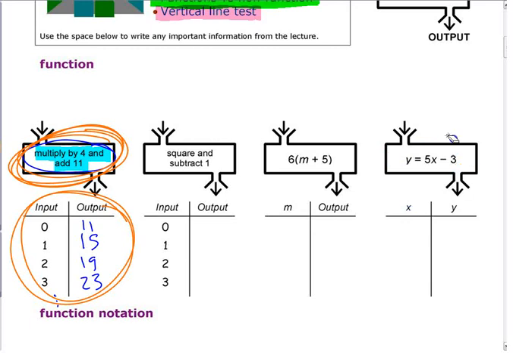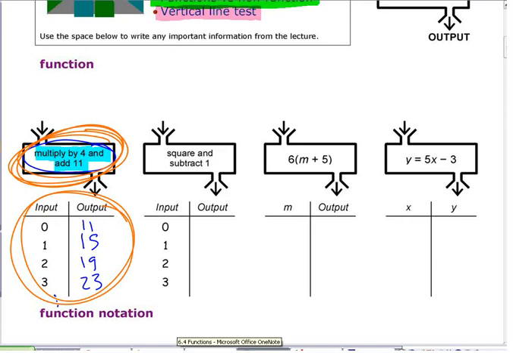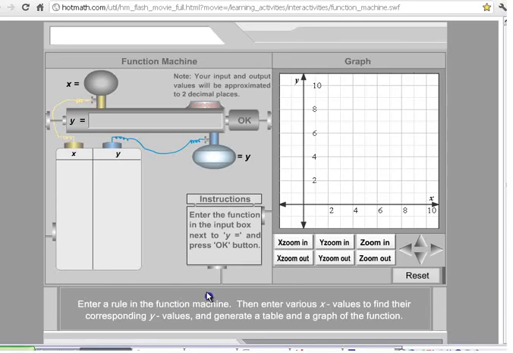All right? What I want to do with you is show you this hot math site. It's math and it's hot, so it's called hot math. We're going to put a rule in here, and then we're going to put some numbers in and see what comes out.